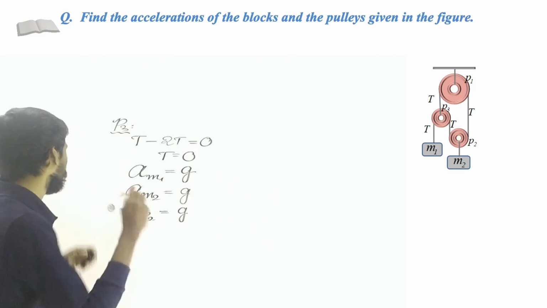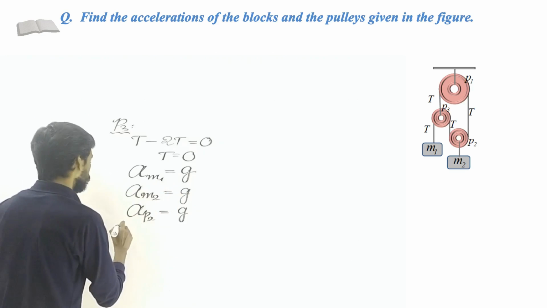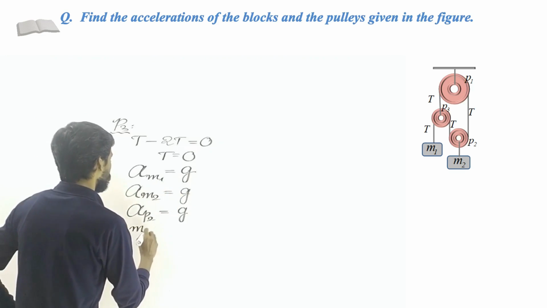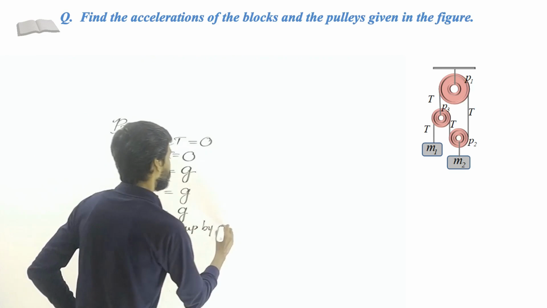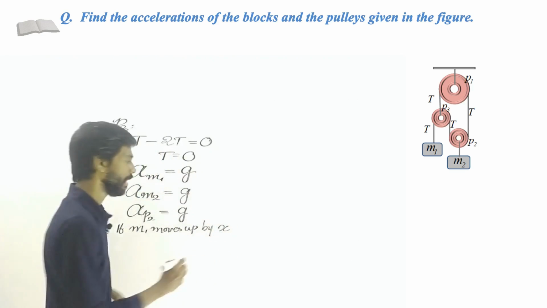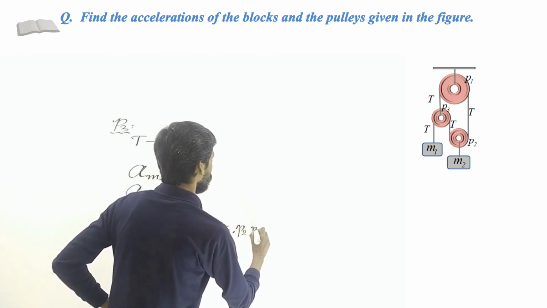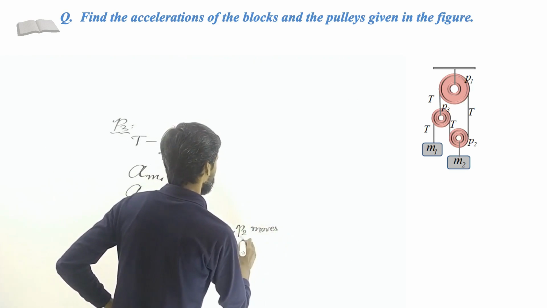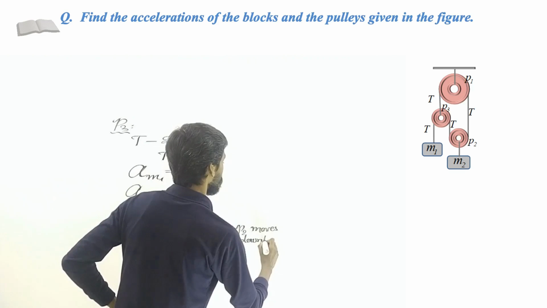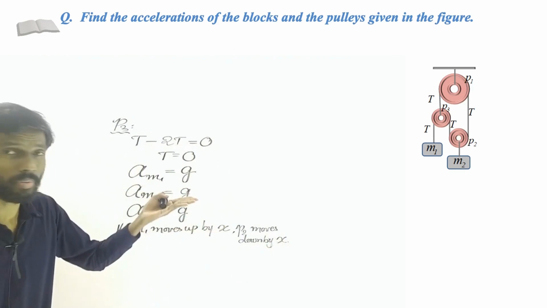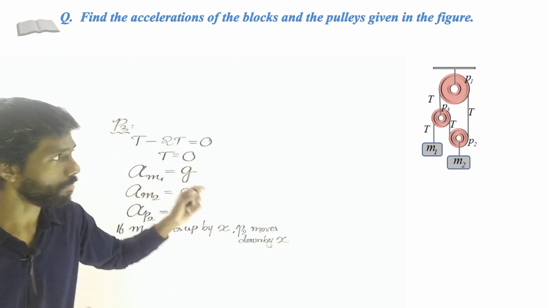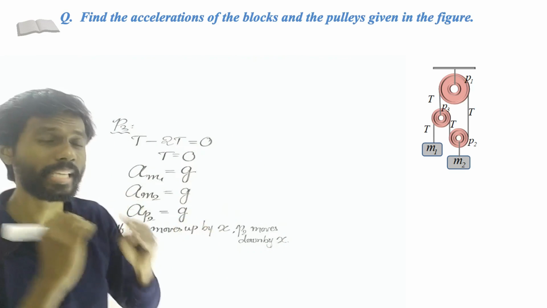Is that okay? Let me write it. If M1 moves up by distance x, then P3 moves down by distance x. If M1 moves up by some length, then P3 moves down by the same length x.